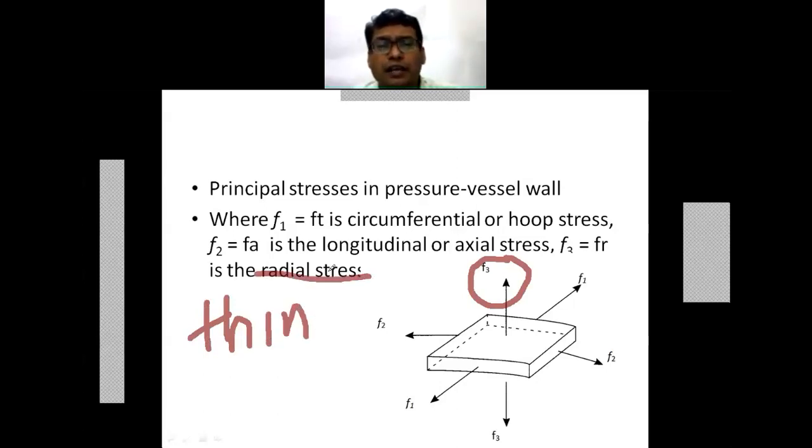Radial stresses are 0 in the case of a thin wall vessel. Only the circumferential and longitudinal stresses will exist in a thin wall vessel. However, in the case of a thick wall vessel, all three stresses, that is circumferential, longitudinal and radial stresses, will exist.